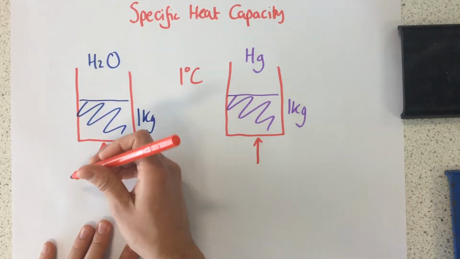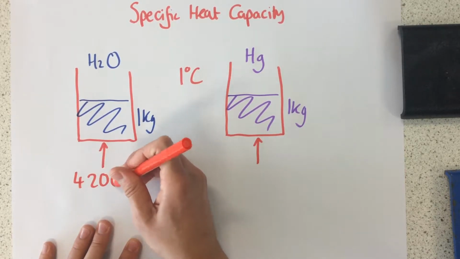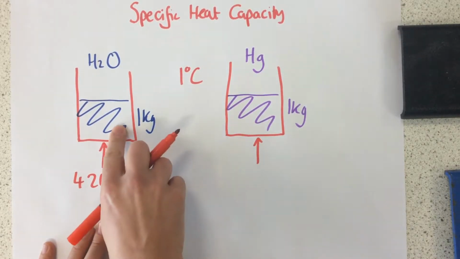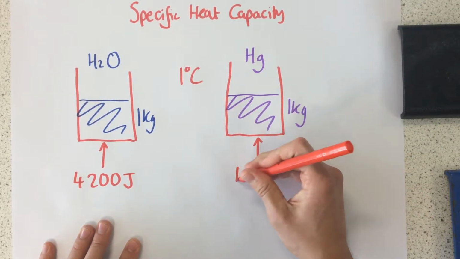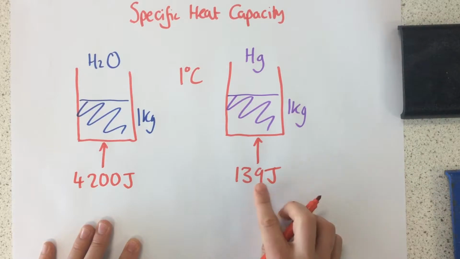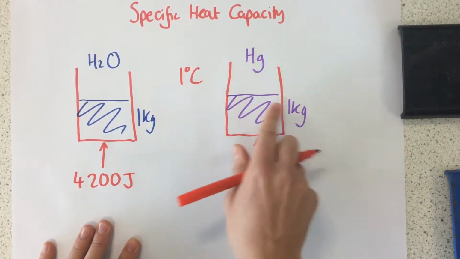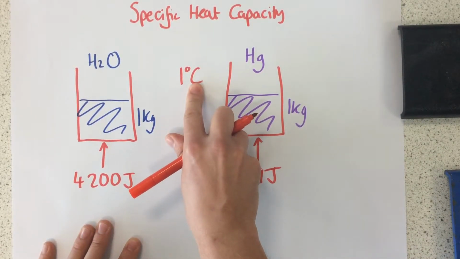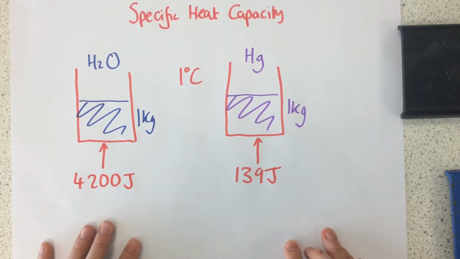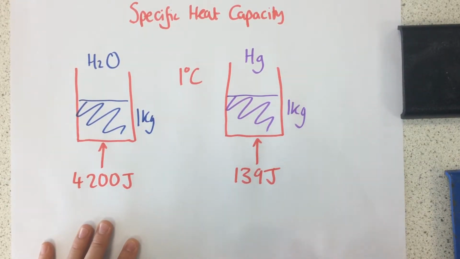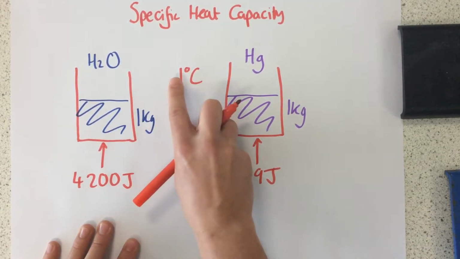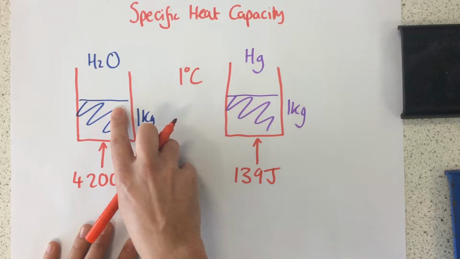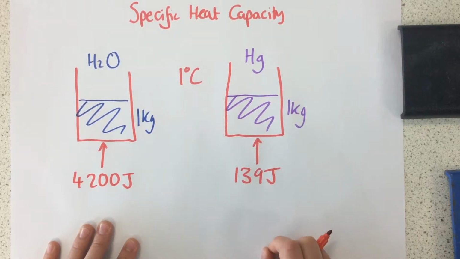So water would actually require 4,200 joules of thermal energy, whereas mercury would only require 139 joules in order to raise that kilogram by 1 degree Celsius. So that is essentially what specific heat capacity actually means. How much thermal energy is required to raise 1 kilogram of that substance by 1 degree Celsius. And every different substance will have a different specific heat capacity.